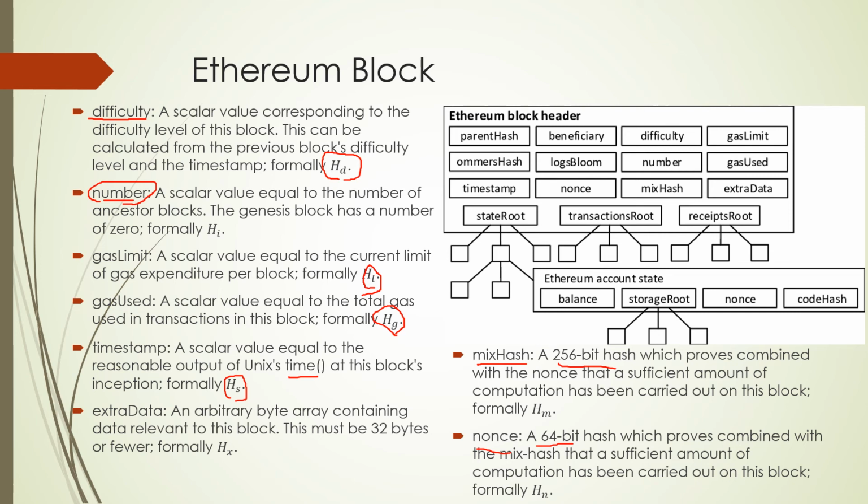Mix hash combined with this nonce, they both will prove that a sufficient amount of computation has been carried out to generate and construct this block. We have talked about the proof of work of Ethereum previously.